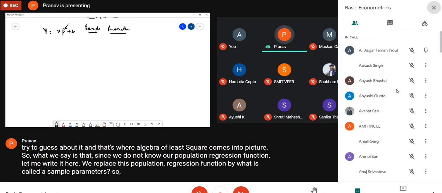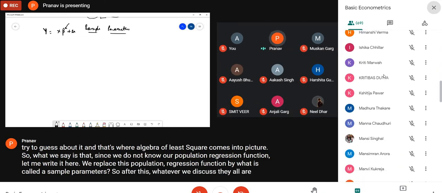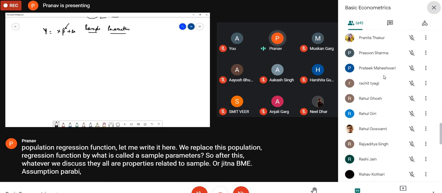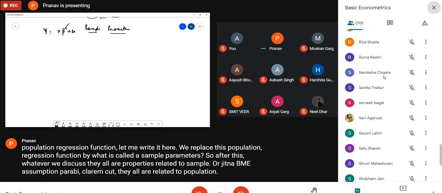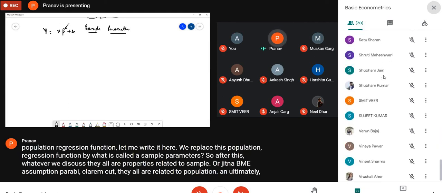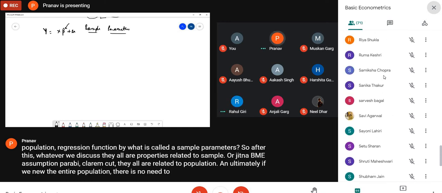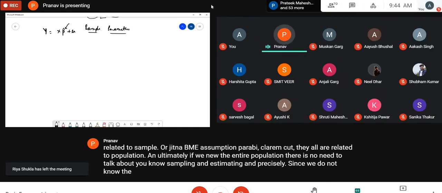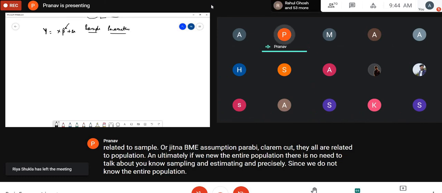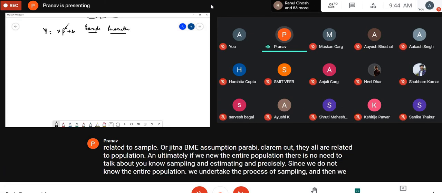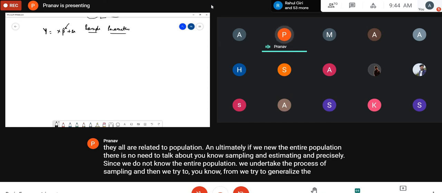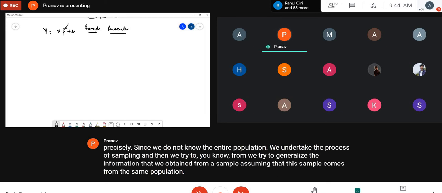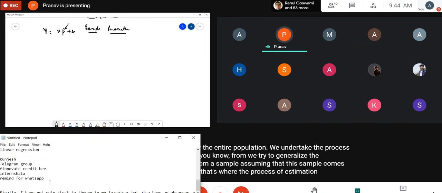After this, whatever we discuss, they all are properties related to the sample. And all the assumptions of CLRM that we have read so far, they all are related to the population. And ultimately, if we knew the entire population, there is no need to talk about sampling and estimating. And precisely since we do not know the entire population, we undertake the process of sampling, and then we try to generalize the information that we obtain from a sample, assuming that this sample comes from the same population. And that's what the process of estimation in econometrics is all about.